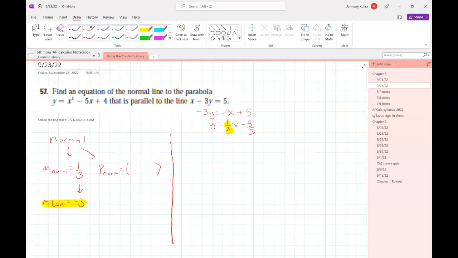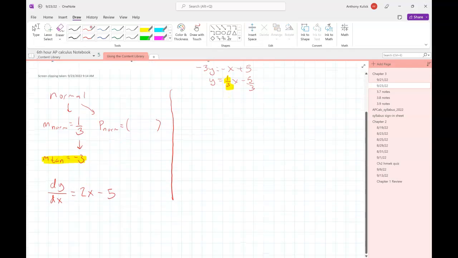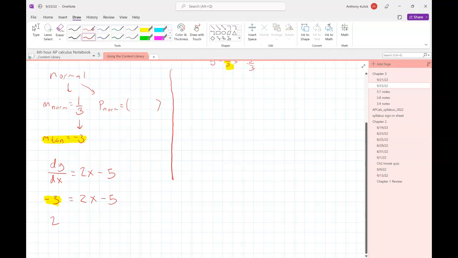So I can use that slope with the derivative to find the x-coordinate for the point that I need for my normal line. So what do I get here? I get that x is equal to 1.